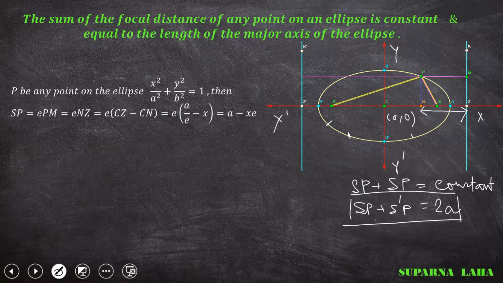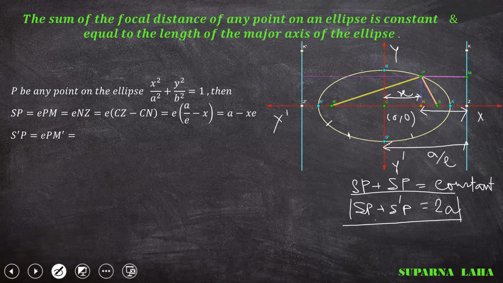And NZ we can write as CZ minus CN, and CZ, the distance from C to Z, is a upon e, and CN, this distance, is x. So a upon e minus x we write in place of CZ minus CN, and if we simplify it, we will find SP is a minus xe.